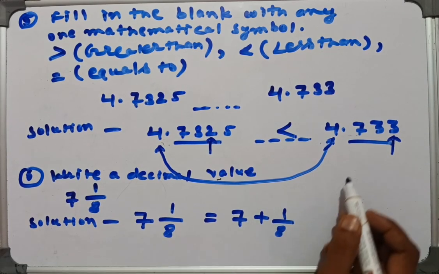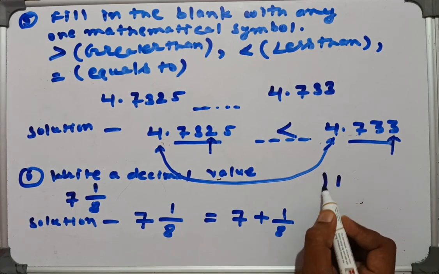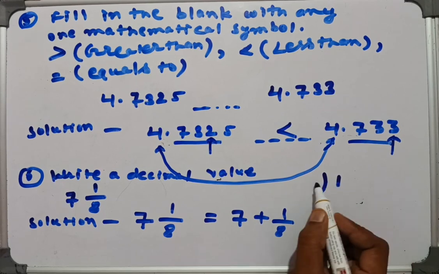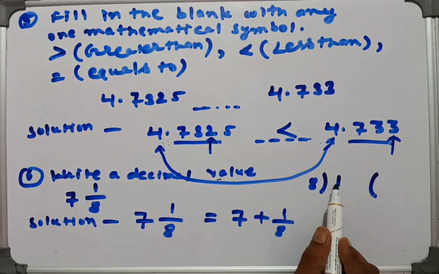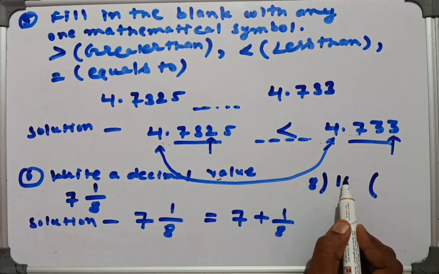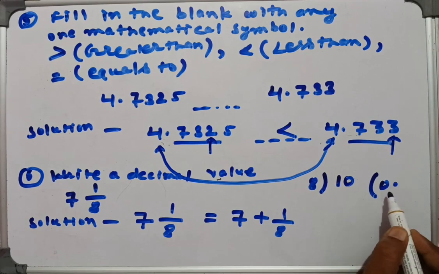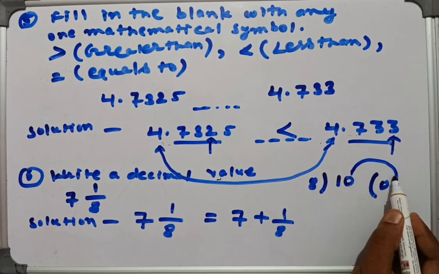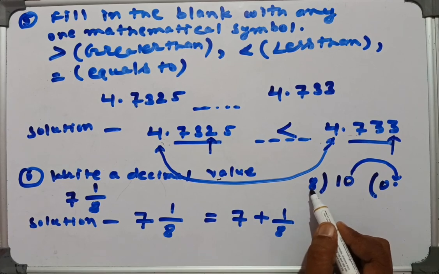So how could you make the solution? We write here 1 as the dividend, 8 as the divisor. See, 1 is less than 8, so put here 1 0. So we will put 1 dot for this 0. Okay guys, then 10 is greater than 8 now.